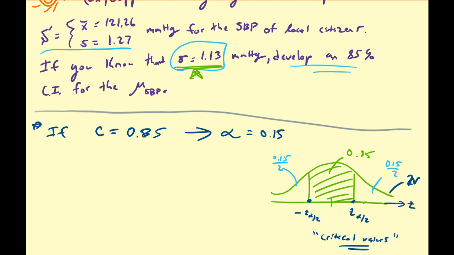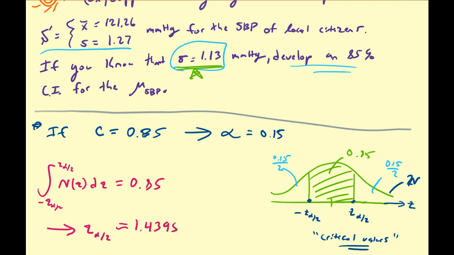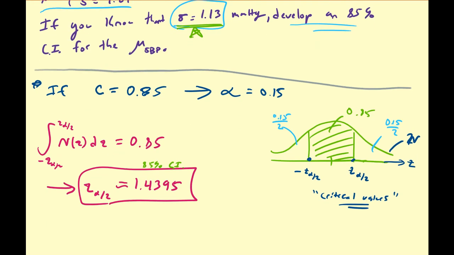So if that is true, then the integral from minus z alpha over 2 to z alpha over 2 under the standard normal distribution, we want this to be equal to 0.85. And if you approach this problem as we have in the past, then you're going to find out that the critical value is going to be approximately equal to 1.4395. So this is going to be the z critical value for an 85% confidence interval.